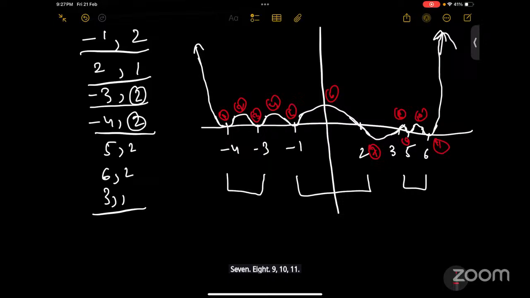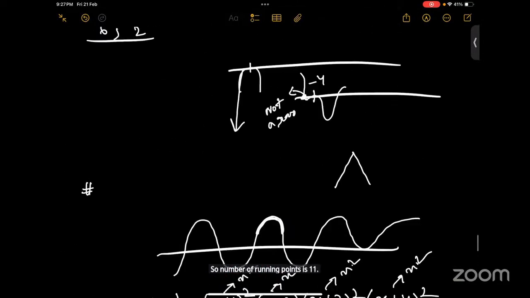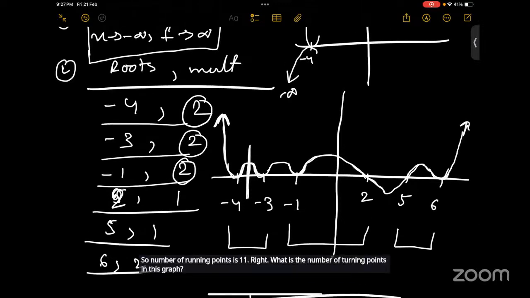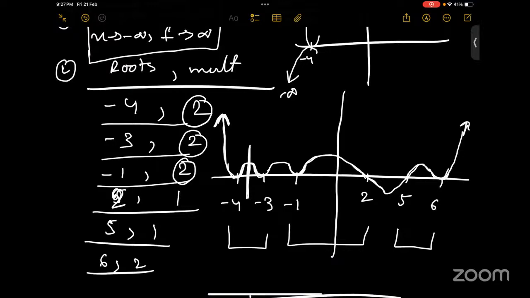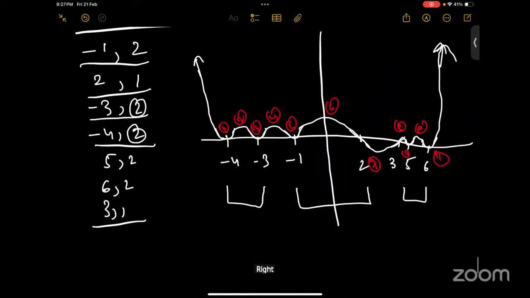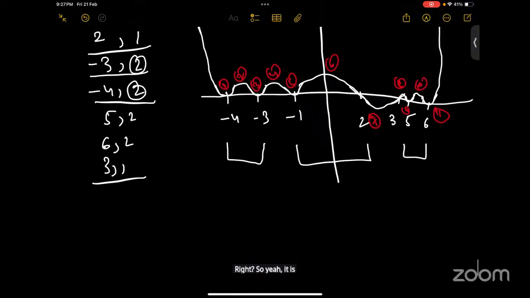So the number of turning points is 11. What is the number of turning points in this graph? 9. 1, 2, 3, 4, 5, 6, 7, 8, 9, right? So the number of turning points we can count. It is easy for you.